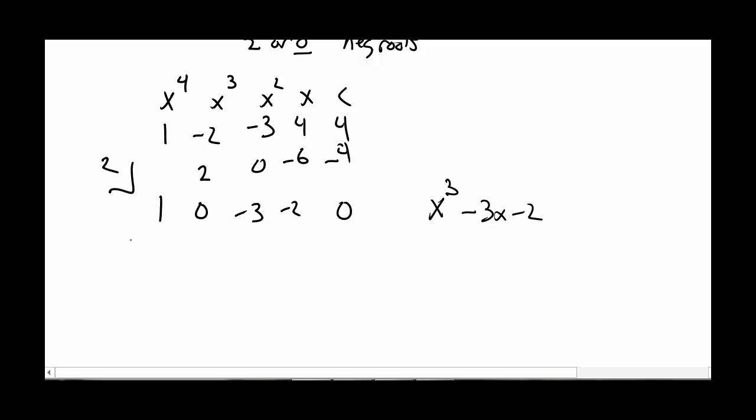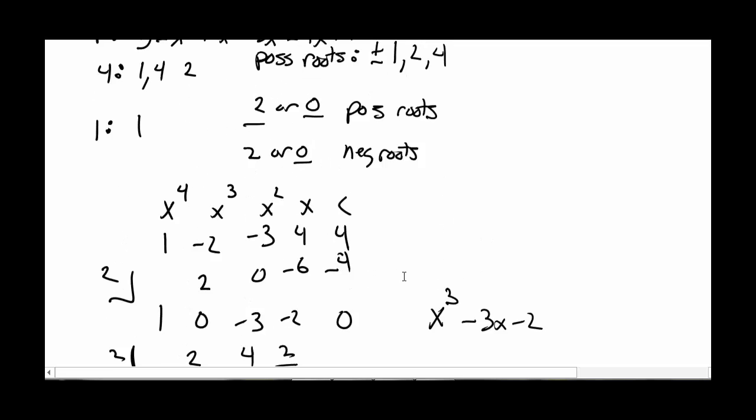Okay, so let's check for multiplicity. So if we drop the 1, multiply, I get 2, do that, get 4, gives me 1, gives me a 2, gives me a 0. Okay, so we did have a multiplicity there of 2.